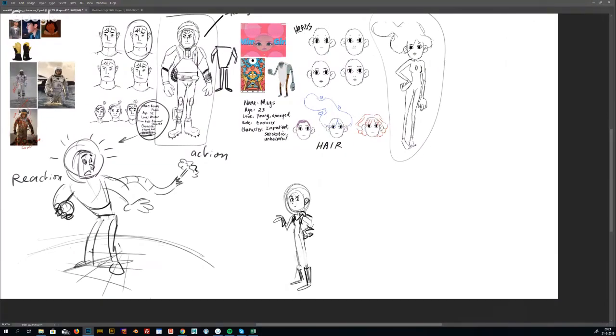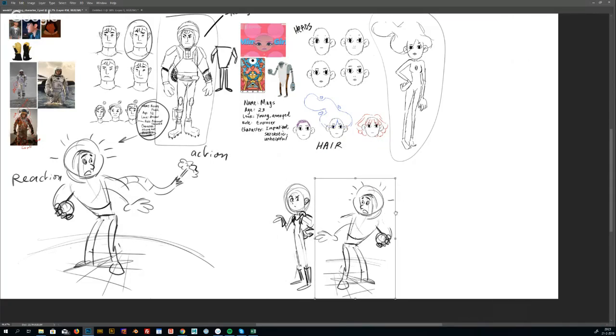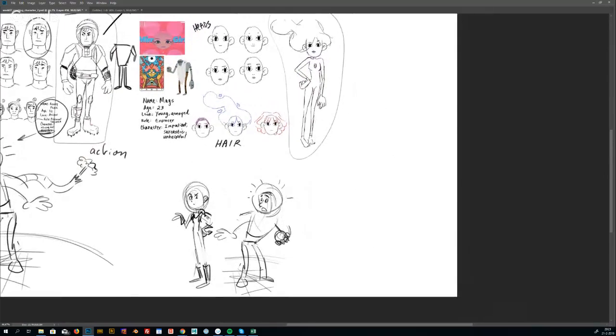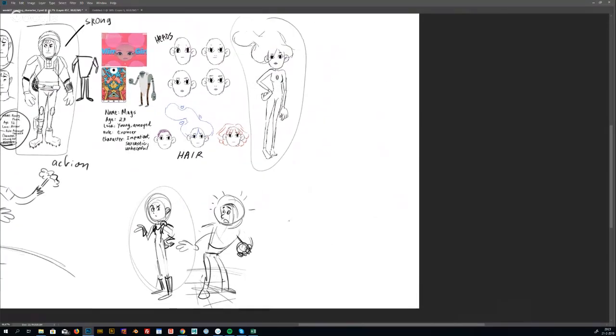Maybe we can just take this character, put it here. And maybe this pose is a bit static. Maybe we can come up with a pose that is more like that.